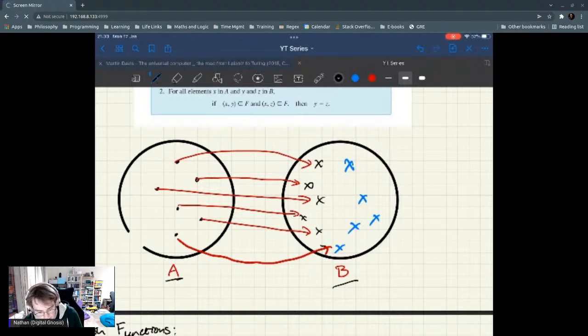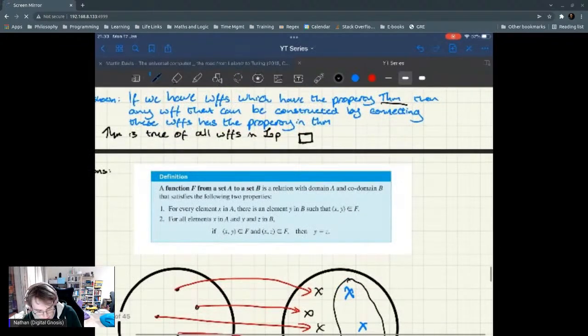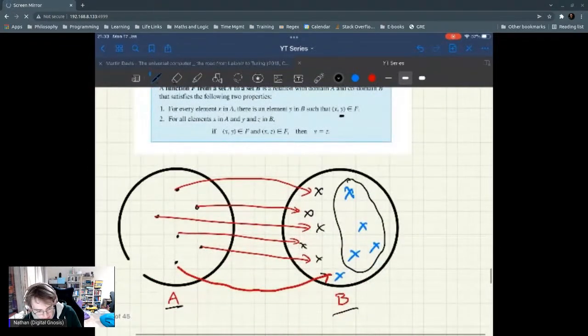Okay, so in this case, you can see that all of these items here are not related to anything that our function f maps, and that's okay.